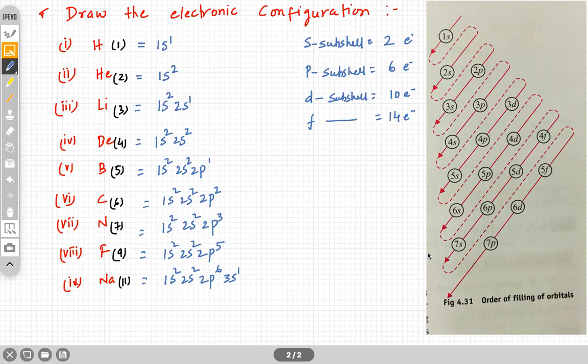Like argon and then 4s2, 3s2. On Google I saw the electronic configuration has the noble gas and then the valence shell. I'll discuss that. See, noble gas we can use. I'll show you. We've just started.